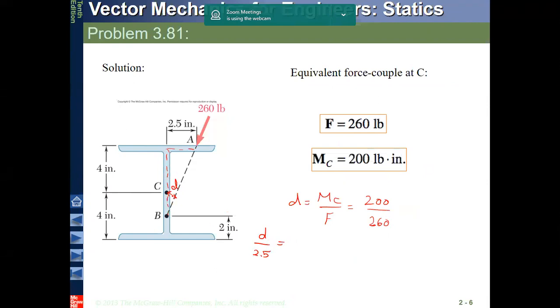I'm just writing the relation between these two triangles. So D over 2.5 would be 2 over AB. What was AB? 6.5.